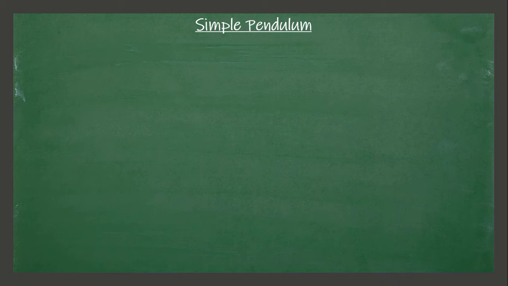The motion of a simple pendulum can be considered a simple harmonic motion after applying some approximations, okay? So let us now find out what those conditions are and how those approximations lead to simple harmonic motion.